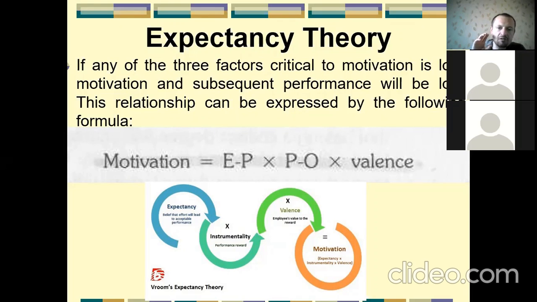So all these previous theories are hidden in the last component of this very formula.